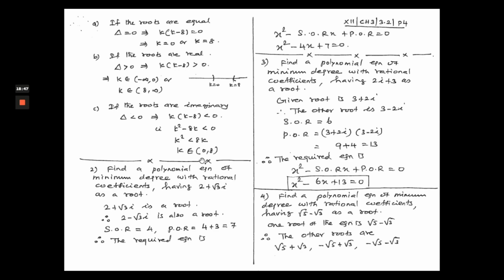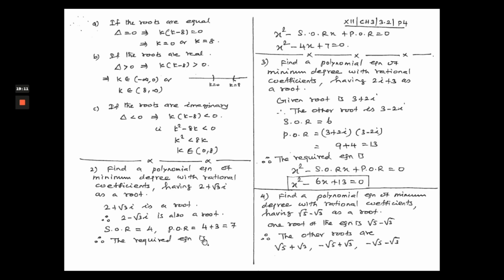Okay. Second sum. Find a polynomial equation of minimum degree with rational coefficients having 2 plus root 3i as a root. One root is given, 2 plus root 3i. So the other root, 2 minus root 3i, is also a root. Their sum is 4. Their product is 4 plus 3, 7.